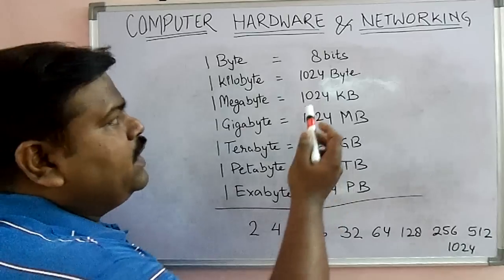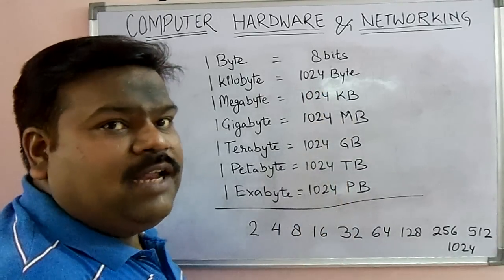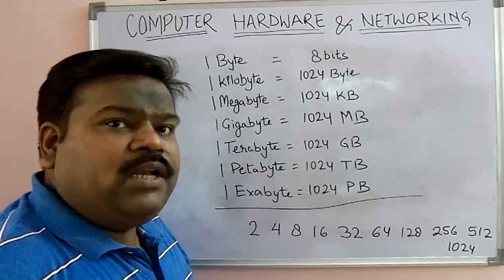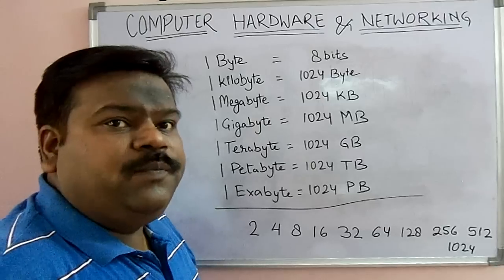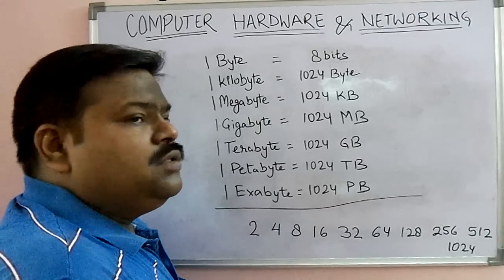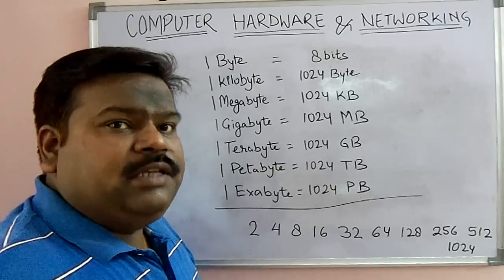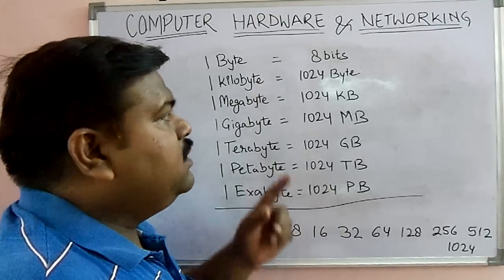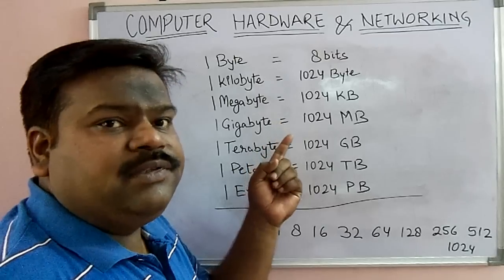I want to tell you why this is 1024, while we generally use 1 kilo is equal to 1000. Why is it 1024? Because we generally use the decimal number system, but here these all are binary number system.